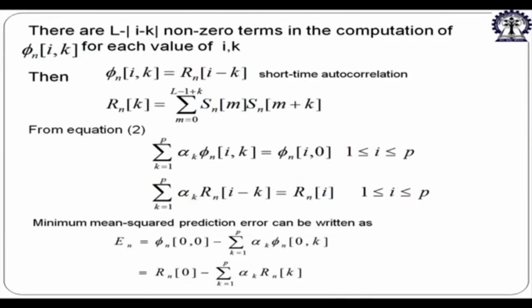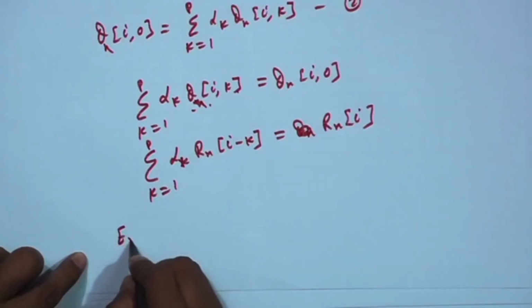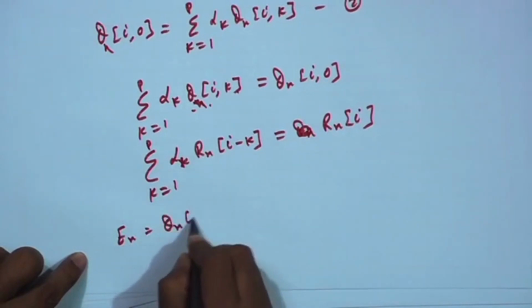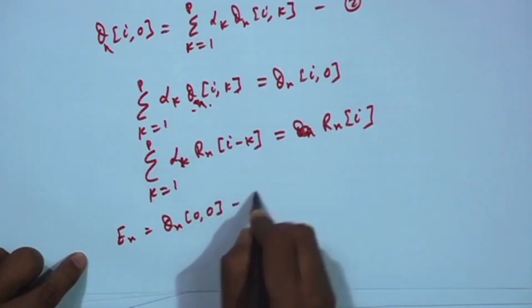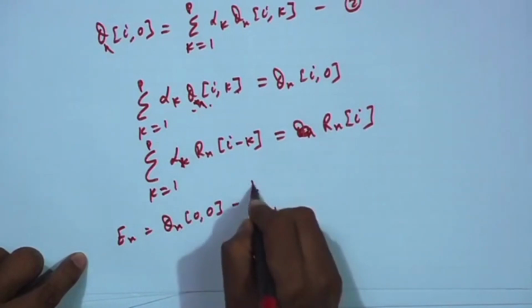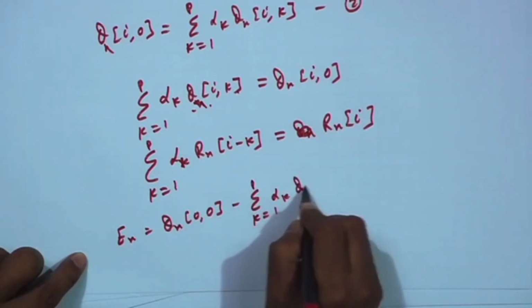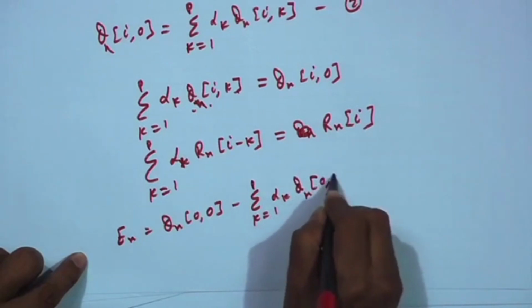Okay. Now, from the mean square error equation we have derived, the mean square error E_n is nothing but phi_n(0, 0) minus the sum from k equal to 1 to p of alpha_k phi_n(0, k).